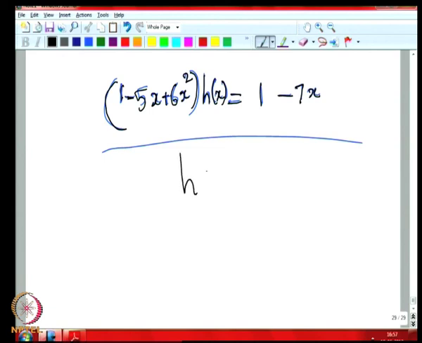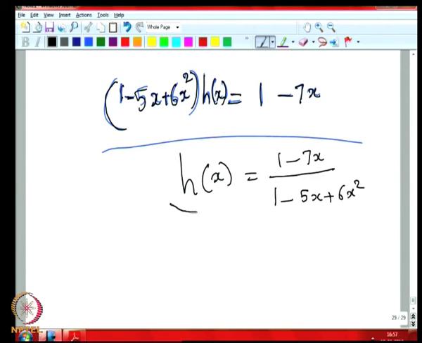So h of x is what? H of x equal to 1 minus 7x by 1 minus 5x plus 6x square. So we got the generating function for h of x.